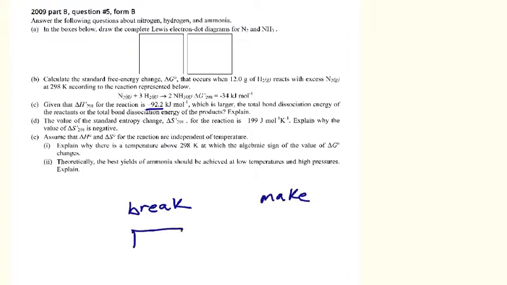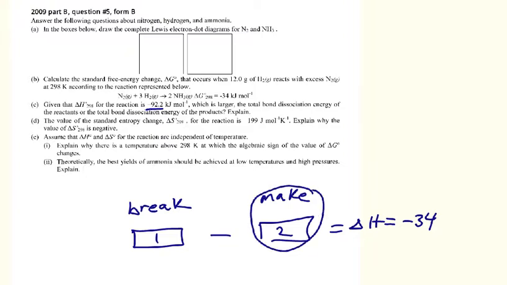And so we calculate these values and we subtract the first one minus the second one, and we get the delta H. And in this case, the delta H is negative 34. If it's negative, it tells you that this energy that you get back when you make the bonds must be bigger, so larger, than the energy you have to put in to break them.